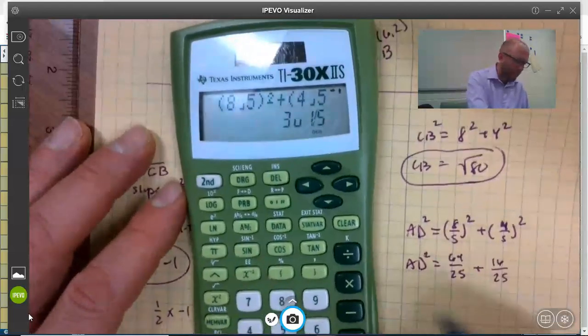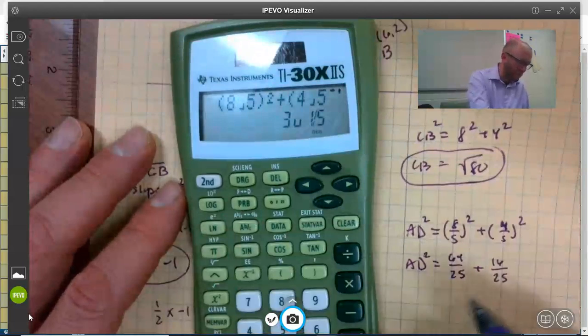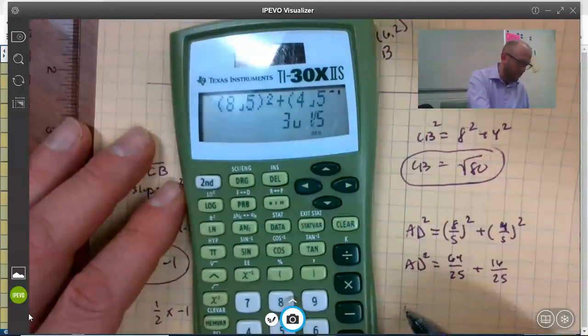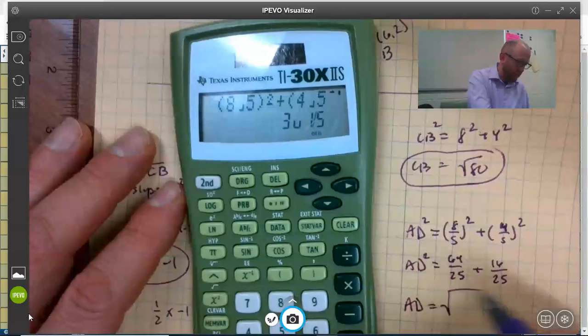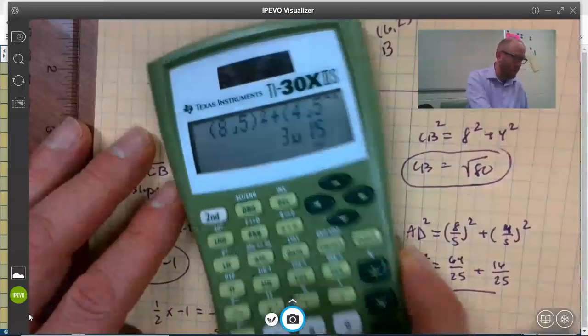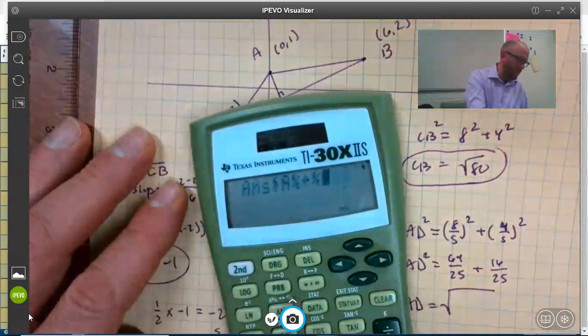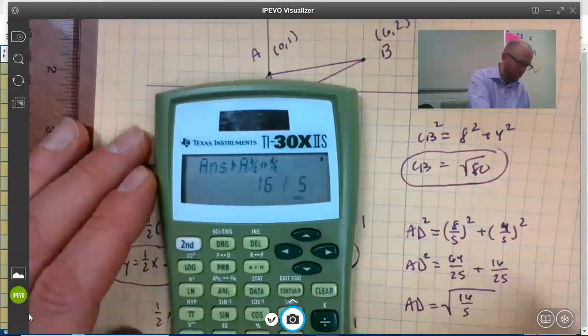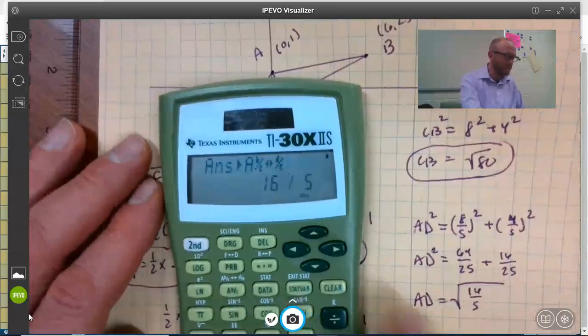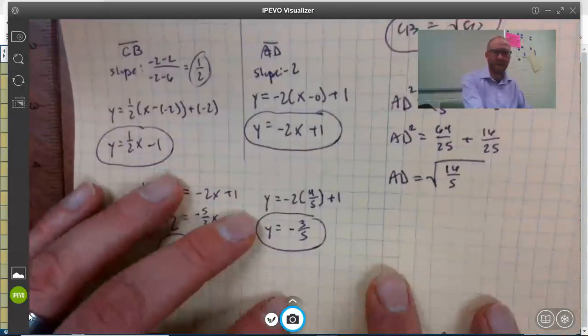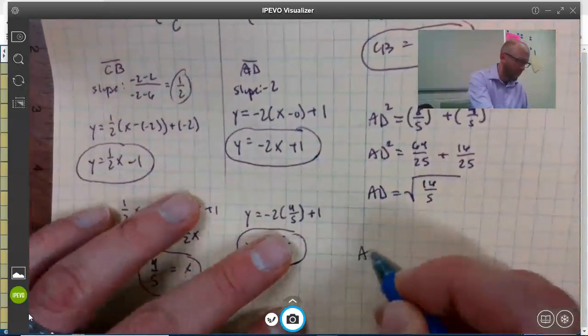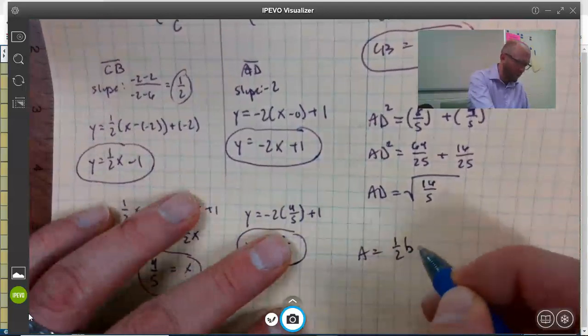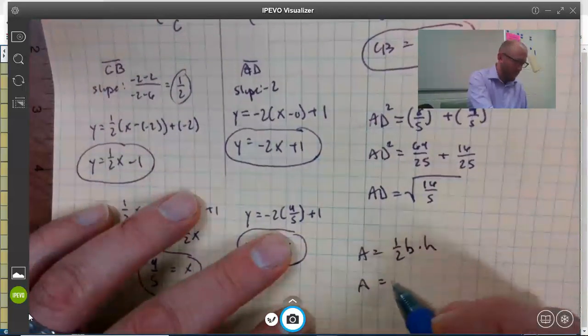And then I take the square root of that. So AD is the square root of 16/5. Okay, all right. And now, finally, we know that distance there. So area equals 1/2 base times height.